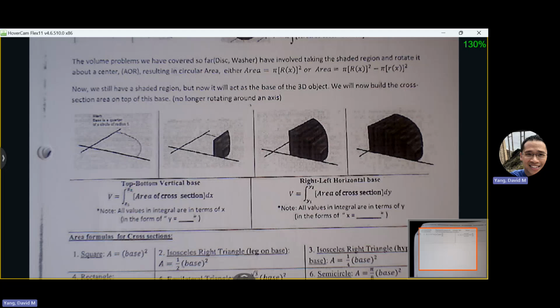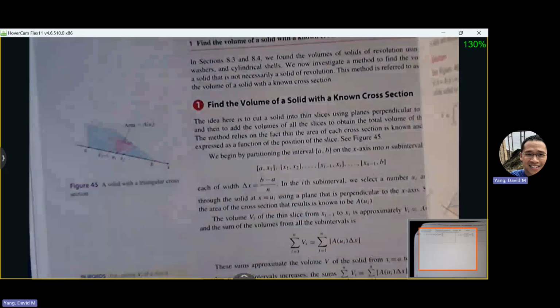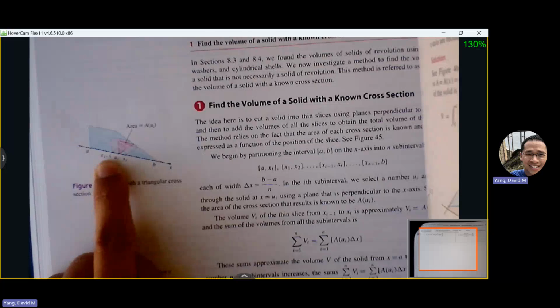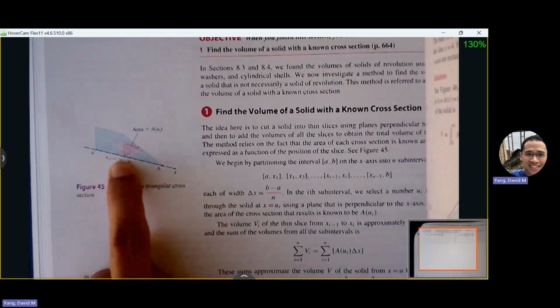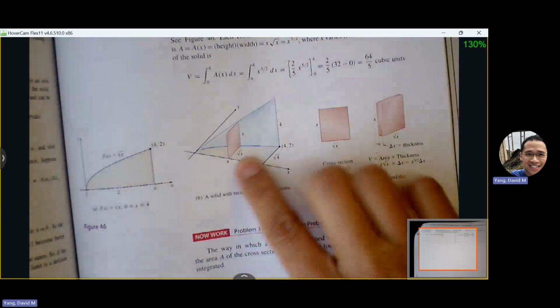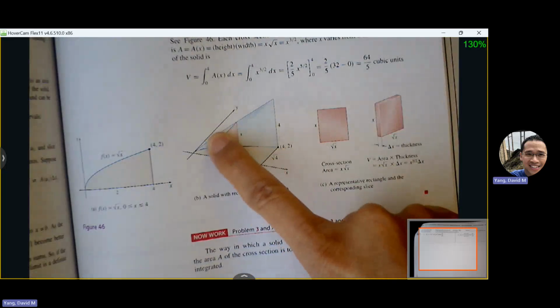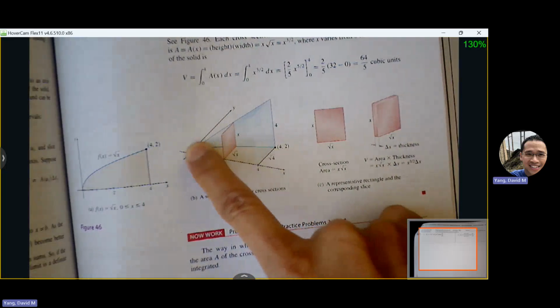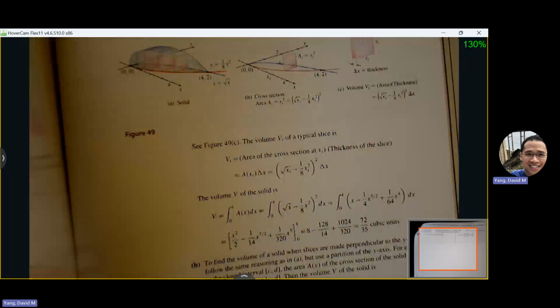In the textbook, I can also show you some of these objects here. This is what an object with a triangle cross section would look like. This could be what a square cross section could look like.